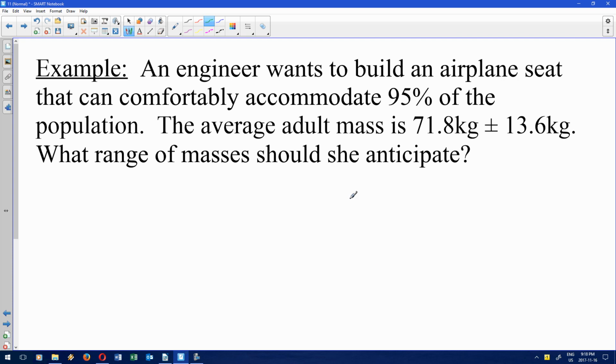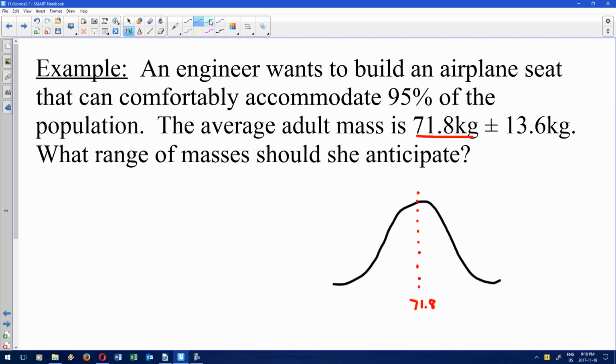So to think about what's going on here, I'm going to do a rough sketch of the bell curve. And in here, this would be my mean. So I'm saying that the average mass is going to be 71.8.